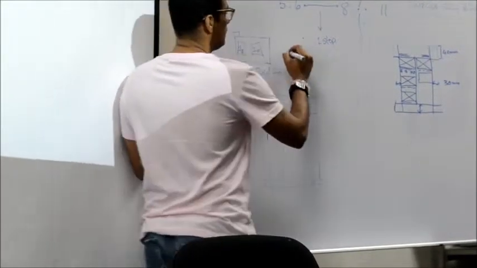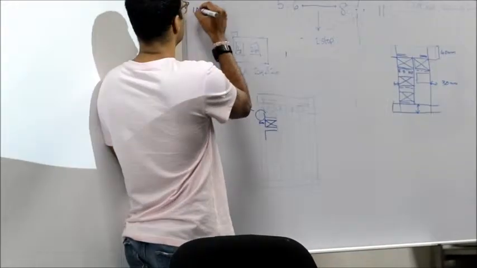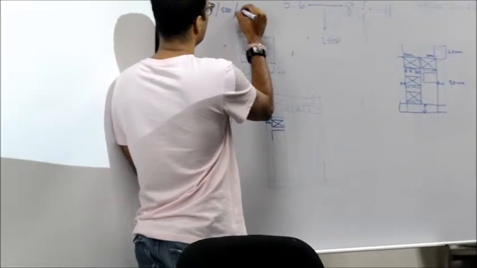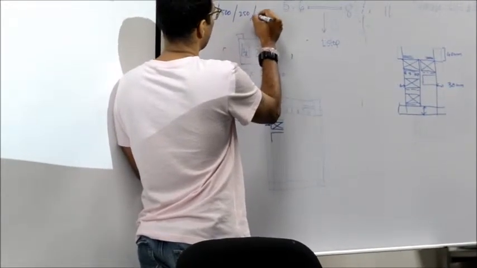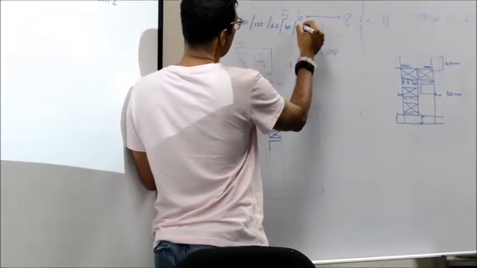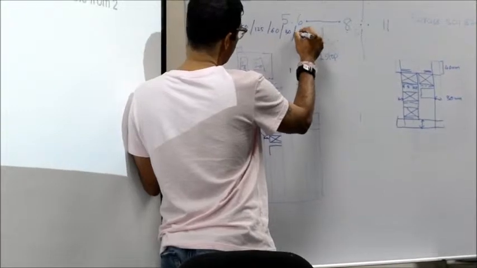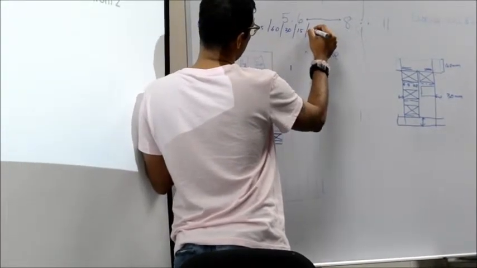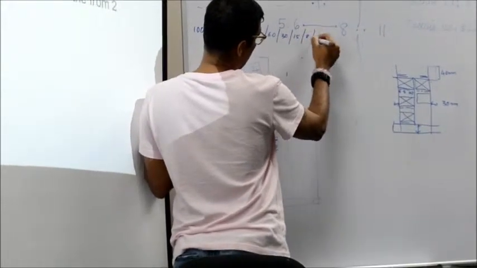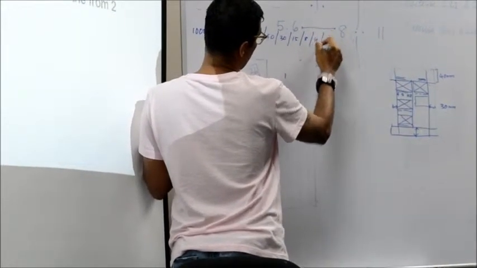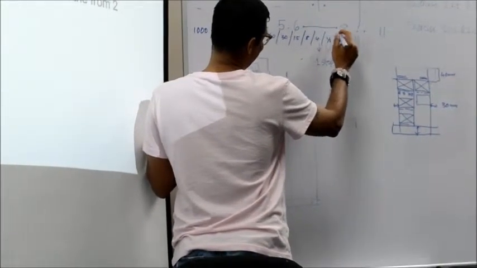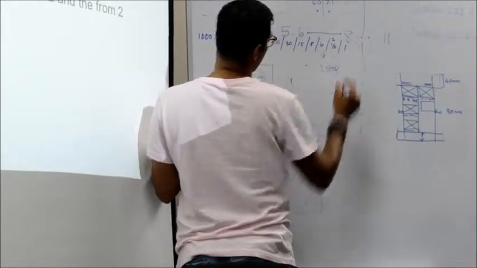So I'm going to write it here: 1000, after that 500, 250, 125, 60, 30, 15, 8, 4, half, and last 1.